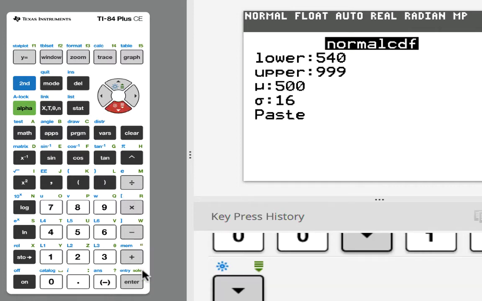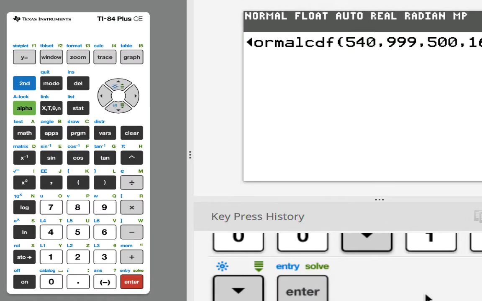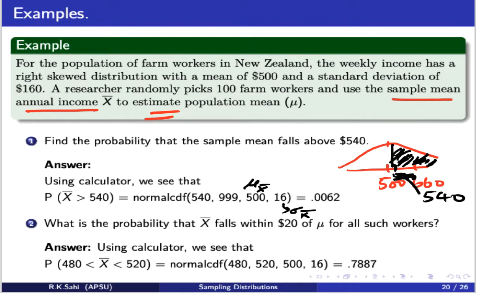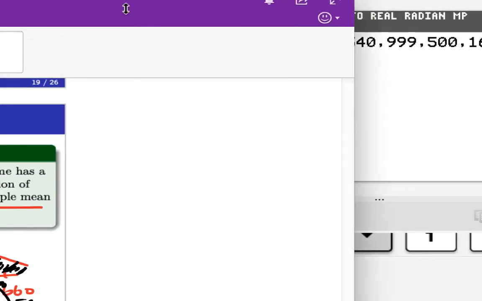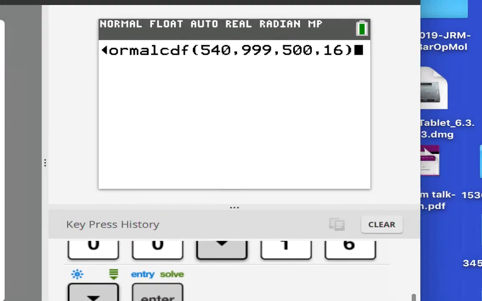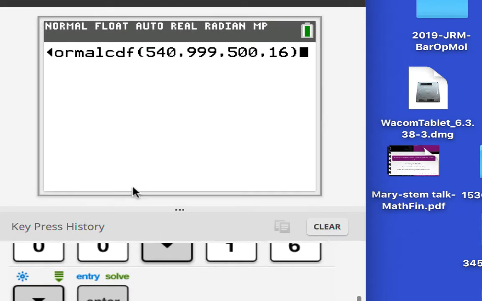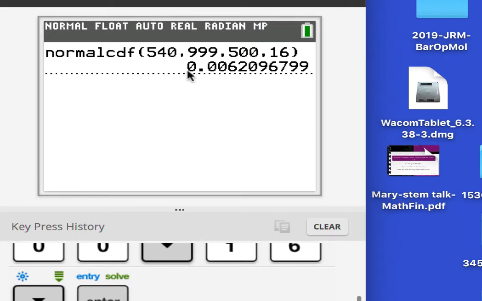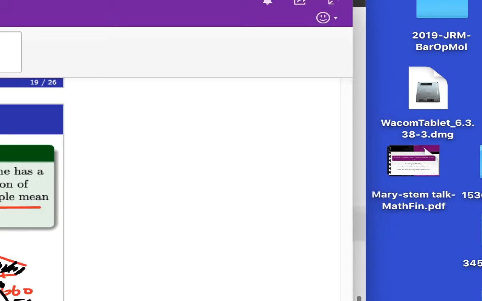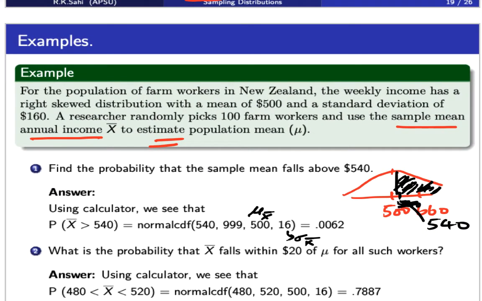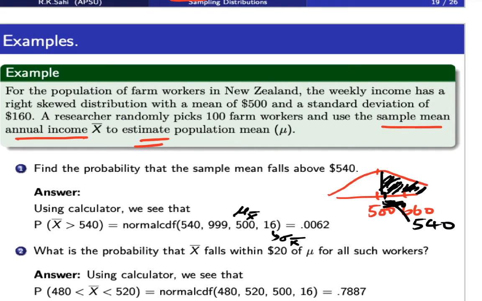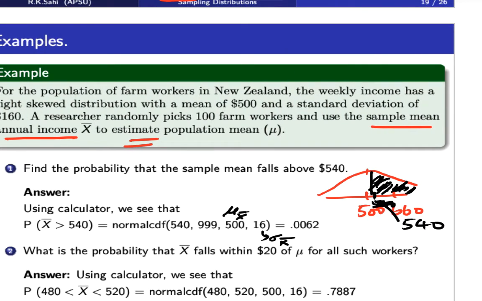Take the cursor to paste, enter. Then press enter and you get the answer to be 0.0062. Okay, and that's our answer over here.